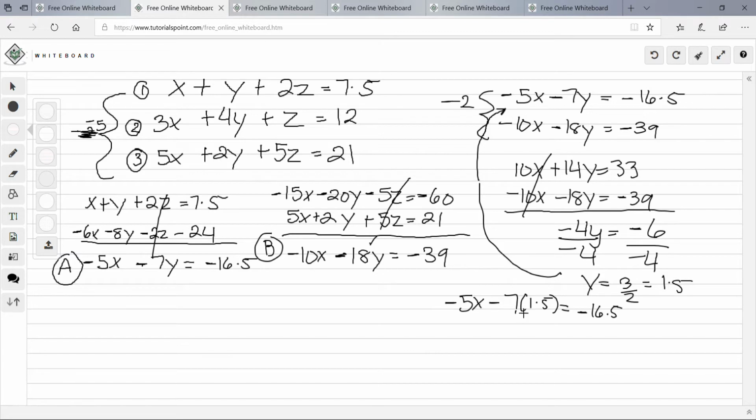So -7 times 1.5 is -10.5, so -5x minus 10.5 equals -16.5. We're going to solve for x, so we're going to add 10.5.